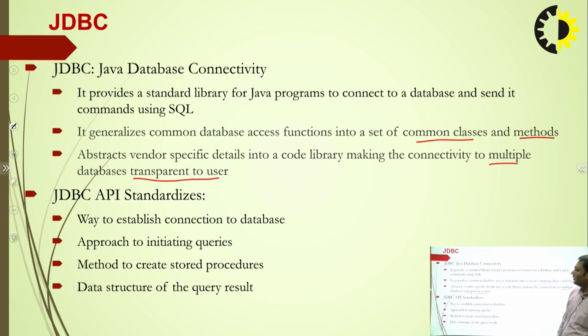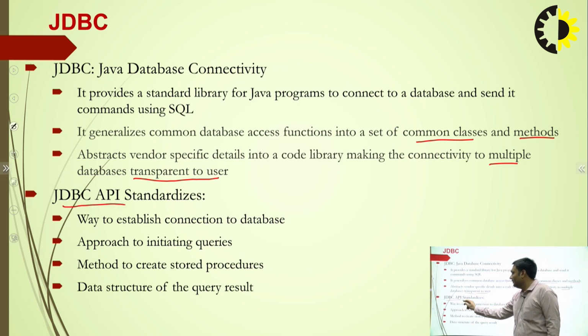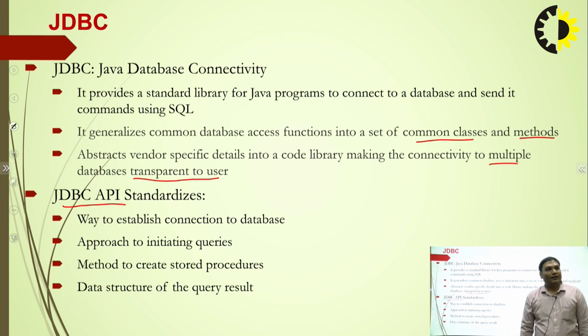To connect a database with a Java application, there is the JDBC API. The JDBC API provides a way to establish a connection to the database. It provides an approach to initiate the queries that we can apply on the database, it provides a method to create stored procedures, and at last it creates the data structure of the query result.